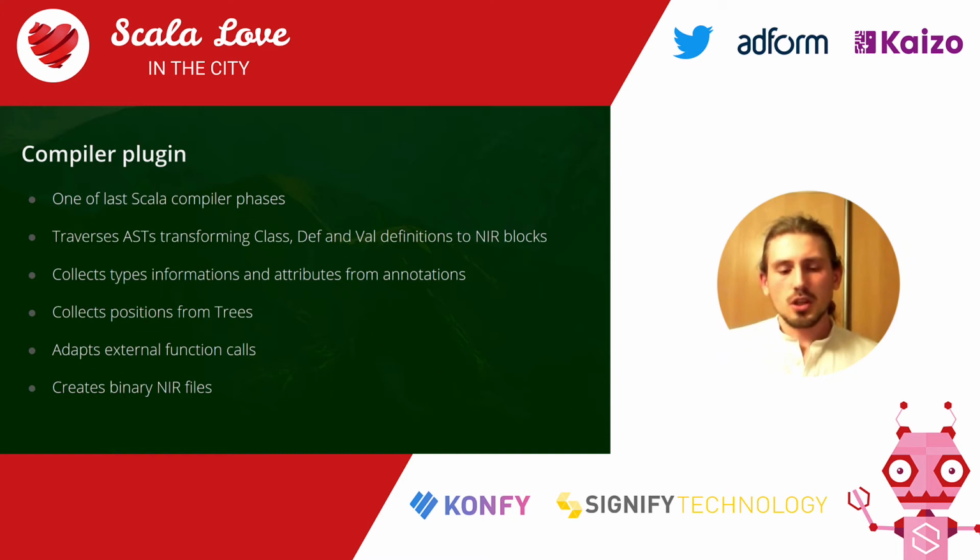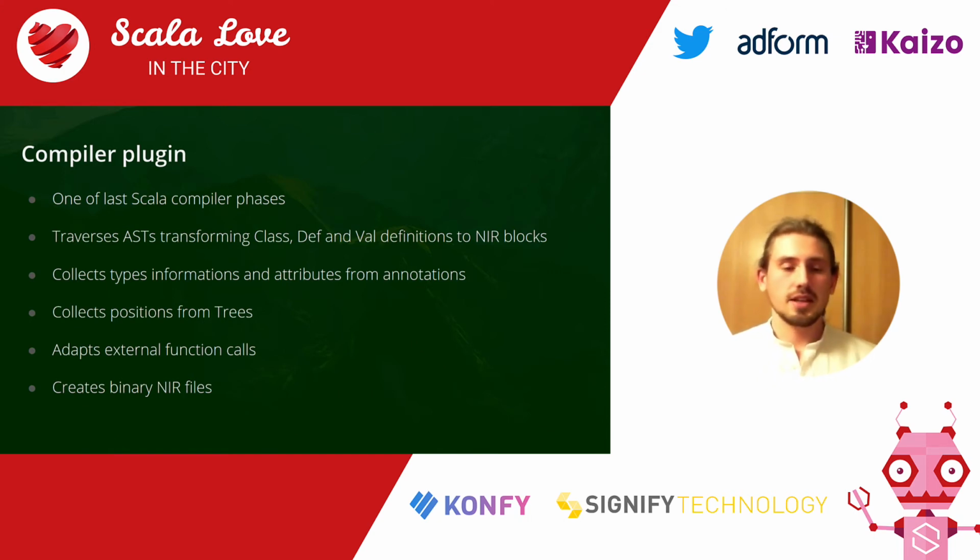At this stage, we are collecting all the positions from the AST. We are not really using them, but in the future we are going to provide full debugging support, so we can easily track your code when executing with special tools like LLDB, or maybe in the future even in the IDE, like Metals, for example.